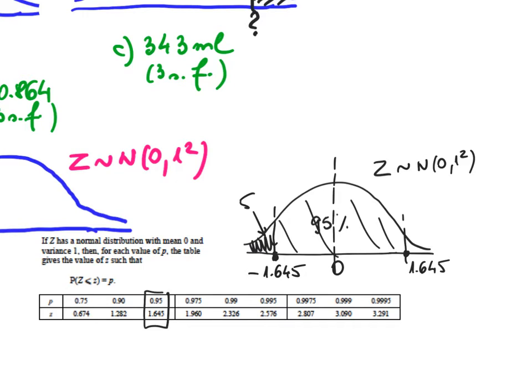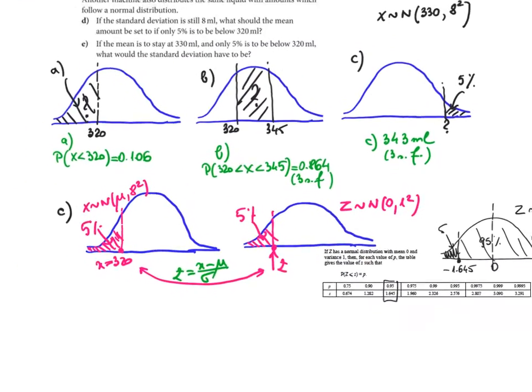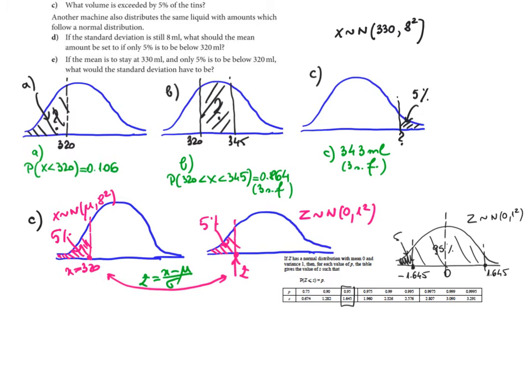That's why, going back, Z in this case is minus 1.645. So minus 1.645 equals X minus mu over sigma. Solving this equation, I find mu. And mu will give me 333 milliliters with 3 significant figures.